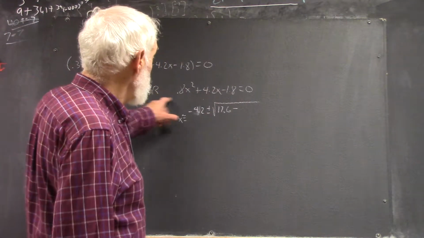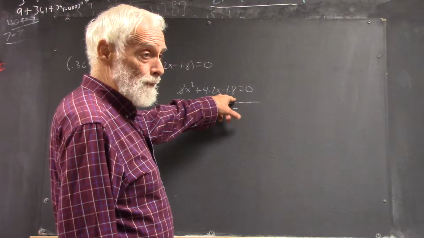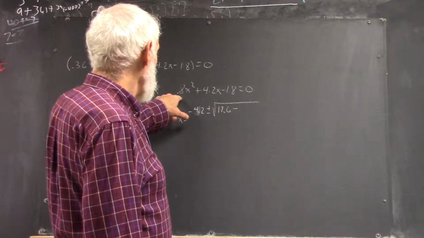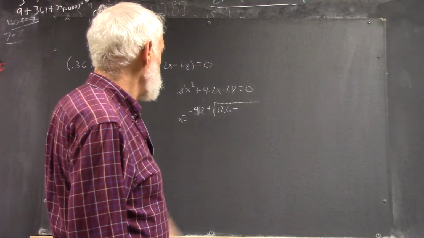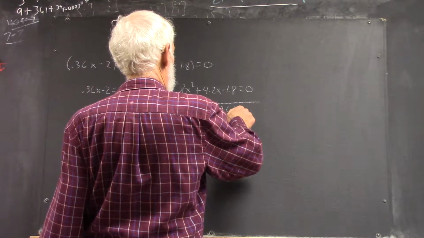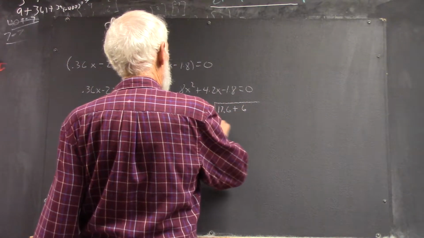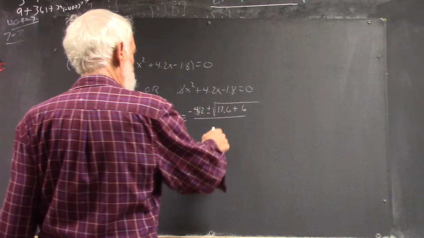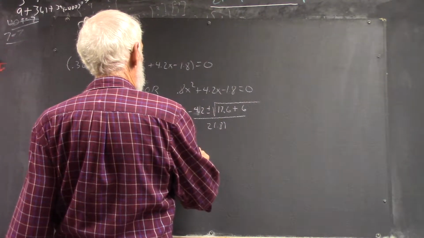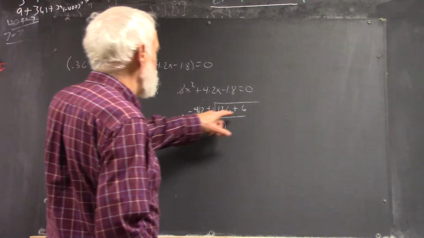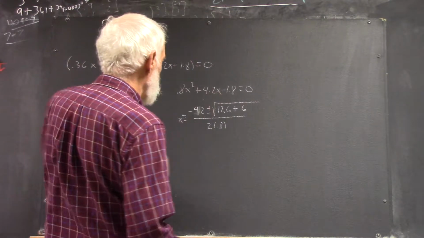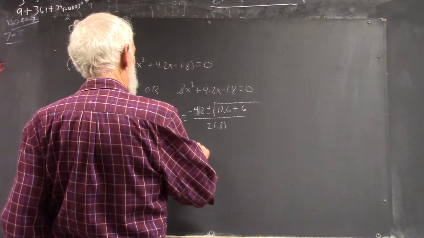Minus 4 times this, okay? Now 4 of these is 3.2. 3.2 times 1.8 is pretty close to 6. So I'm just going to leave it that way. Just get an approximation. Over 2 times 0.8. Okay? Now that adds up to about 23, which is a little less than 25. So this number is going to be a little less than 5.